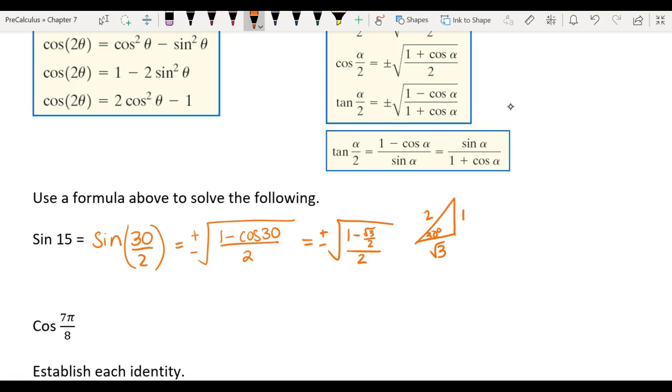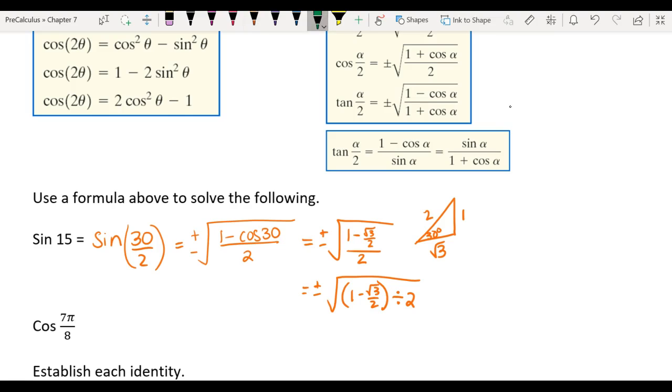At this point, they're going to have simplified versions of this. First of all, if you see a big division like this, what should you change it to? The divide switches to multiplication. What should you do on top? Common denominators. These are all concepts we're going to do now. So we get positive or negative square root of 1 minus square root of 3 over 2, divided by 2.